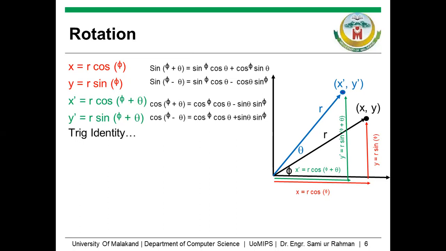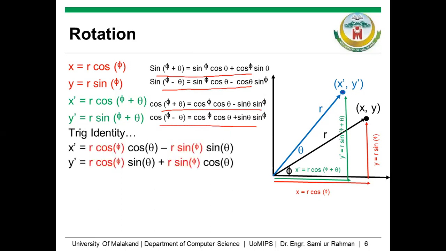Now if we use trigonometric identities, which we have already learned in class 9th or class 10th mathematics, x prime is equal to r cos phi cos theta minus r sin phi sin theta, and y prime is equal to r cos phi sin theta plus r sin phi cos theta.